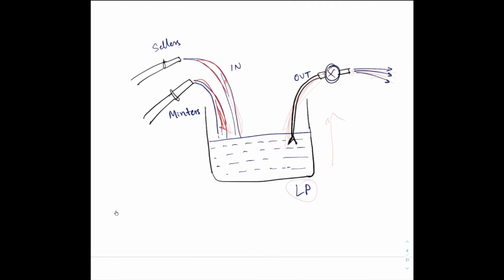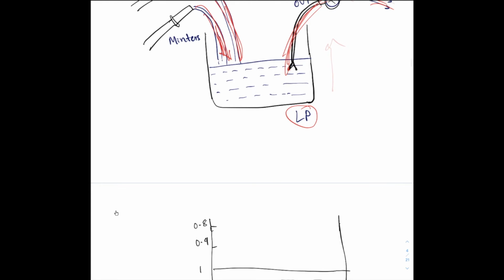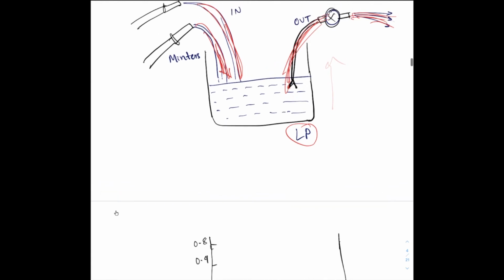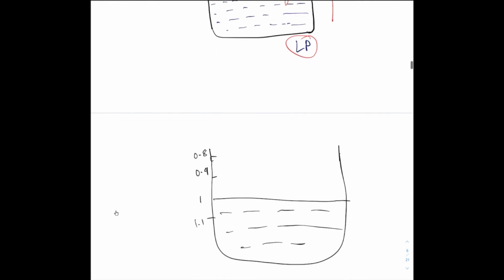So if you think of the whole system where the LP is like a bucket of water, this is the supply of USDO coming into it, and this is the outflow of USDO from the system. If more people are putting in USDO than the people taking out USDO from the system, then the level of water is going to rise.